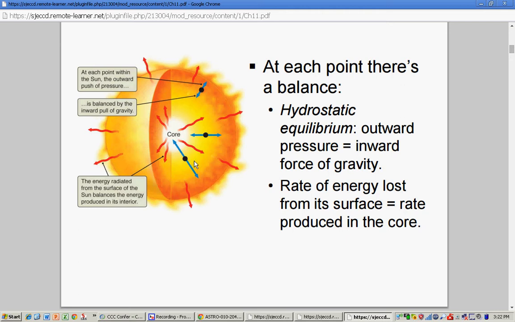The balance of these two forces is perfect at any given position. For instance, here at the base of the convection zone, gravity and the outward force caused by pressure balance out, and their intensity is less than in the radiative shell, and even less if you compare that with a region closer to the core. So again, three regions in the solar interior.